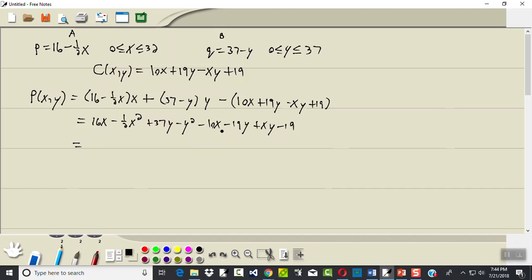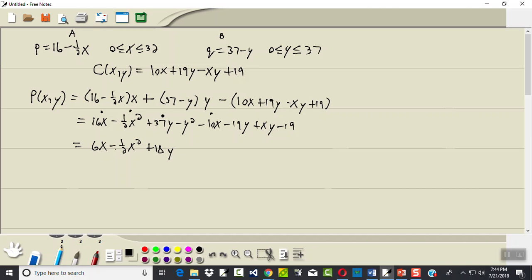Got 16x here minus 10x. That gives us 6x. Minus 1 half x squared. 37y minus 19y, that's 18y.